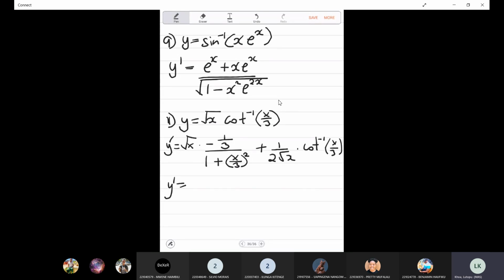Y prime is negative square root of x over 3 plus x squared over 3, plus cot inverse of x over 3 over 2 square root of x. Yeah, that looks right. Then number 13.